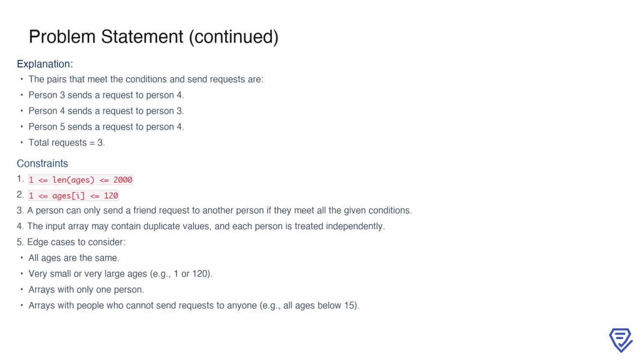Other pairs do not satisfy the conditions. For example, person 1 cannot send a request to person 2 because their age difference violates the rules. Summing the valid requests, we get a total of 3 friend requests sent. It's important to carefully consider the age conditions for each pair, especially when there are large age differences or ages near the boundaries of the rules.